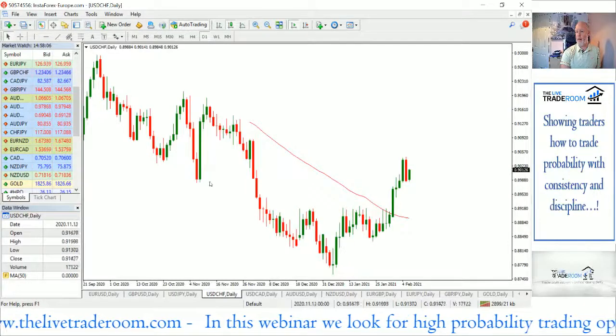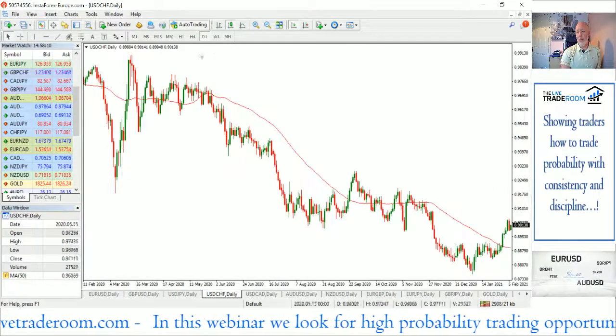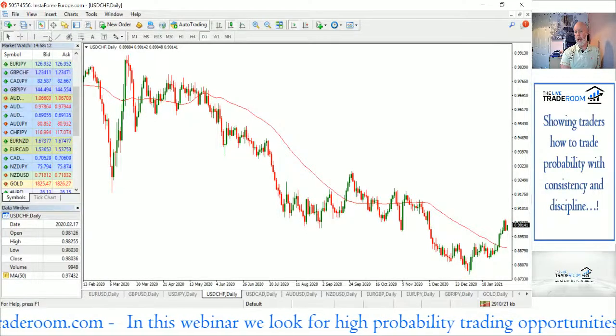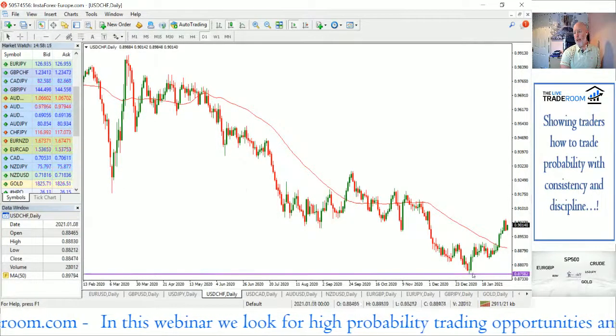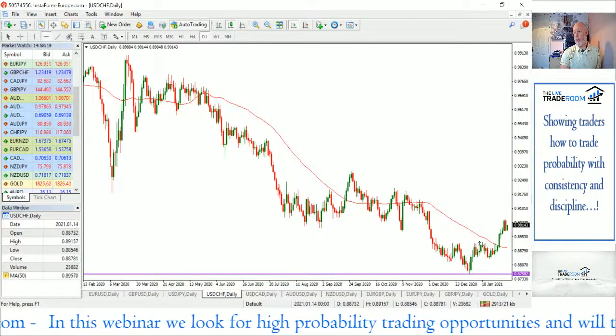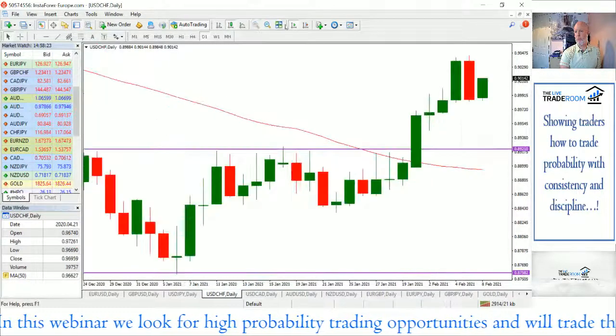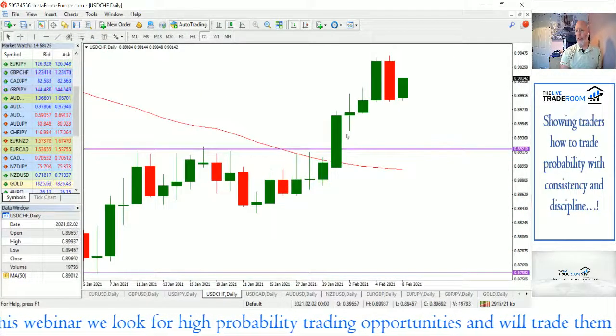The dollar Swiss, you can see that we've been in a very clearly defined downtrend. Let me do a little bit of analysis on this trade. We've been moving sideways for probably 2 months, and again recently we have just broken out of this range again.